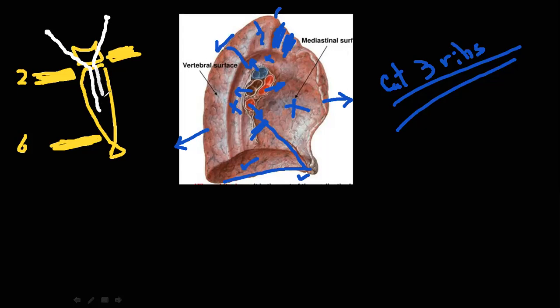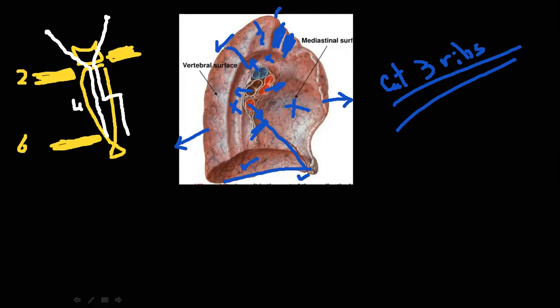Till number 4, what happens? The right lung will continue down to number 6. But at the level of number 4, the left lung deviates like that, then descends again to number 6 to make a cardiac notch. If you remember, cardiac notch. Okay?